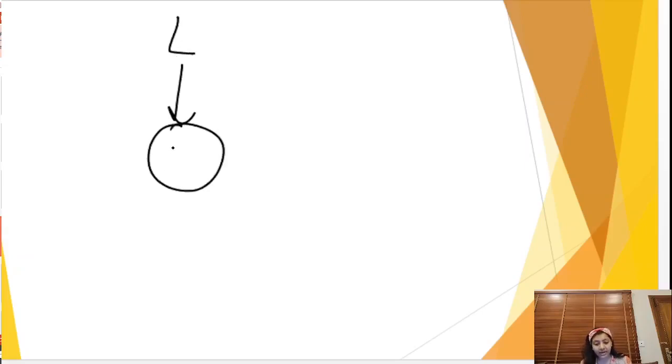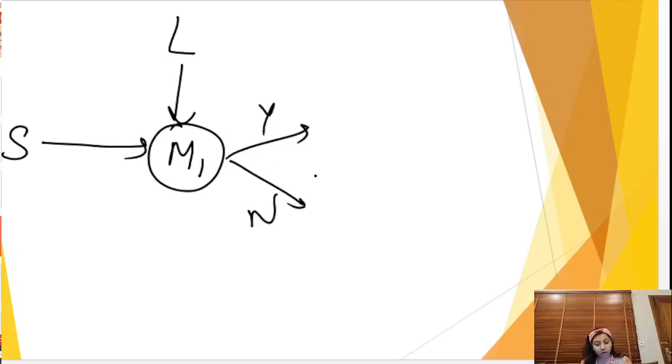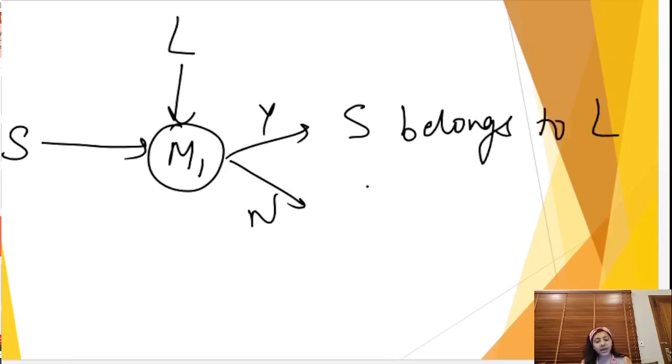model, let's call this M1 model. We draw an M1 model for this language L, right? Once this model is drawn, we present a string S to this model. Now this model can reply in terms of two answers, yes or no. If it replies with a yes, we say that the string S belongs to language L. But if it replies with a no, we say that string S does not belong to L, right?